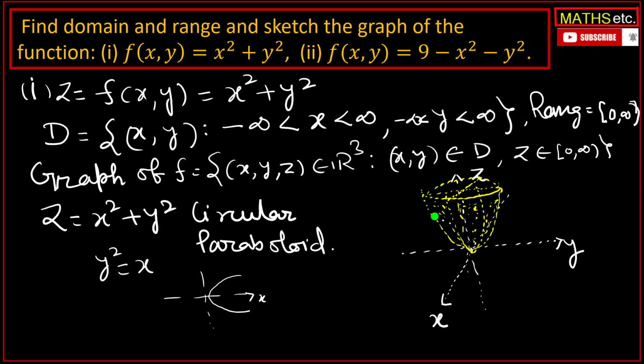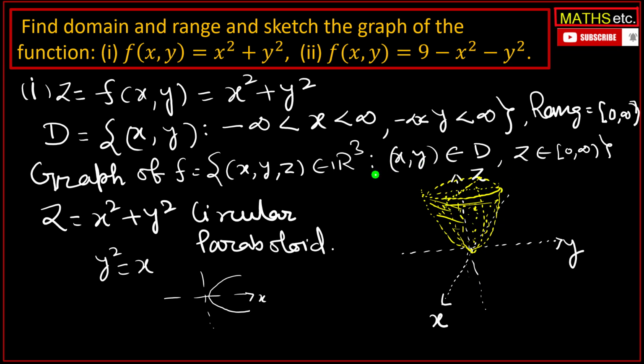This is a portion of the paraboloid only, because it is of infinite extent in the z direction, and we can confirm it from here. x, y take all real values, both positive and negative, but z takes only non-negative values, right? That's why there is no portion of this paraboloid below the xy plane. No negative z values satisfy this equation.